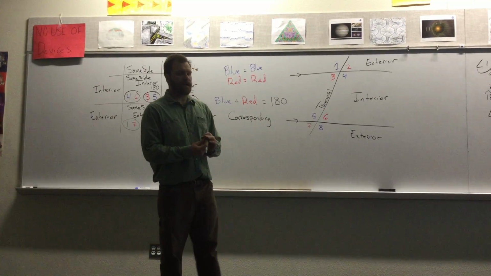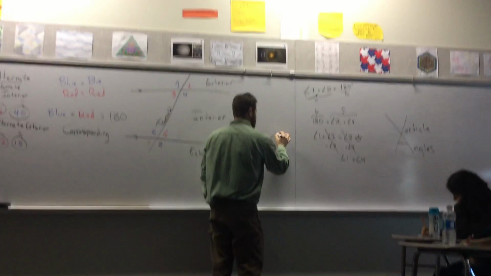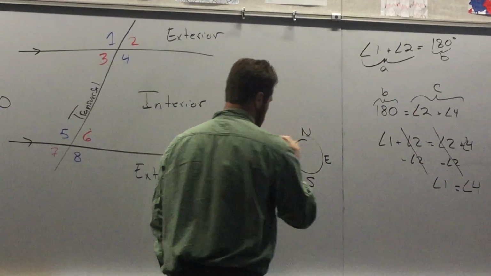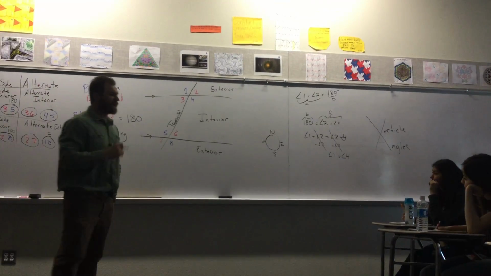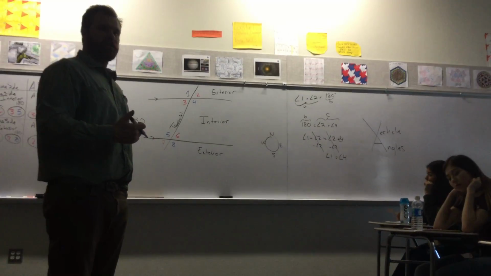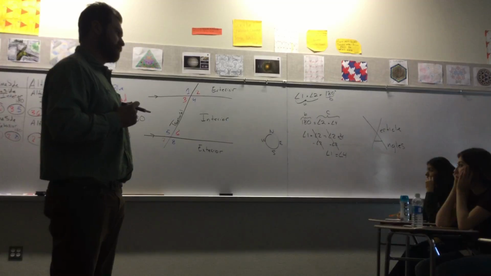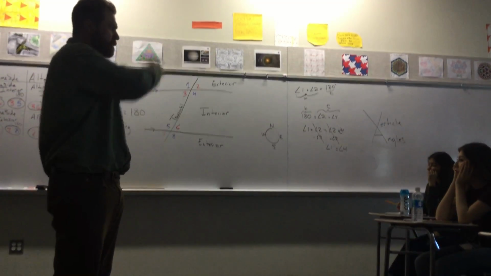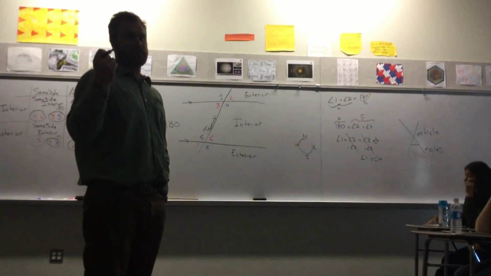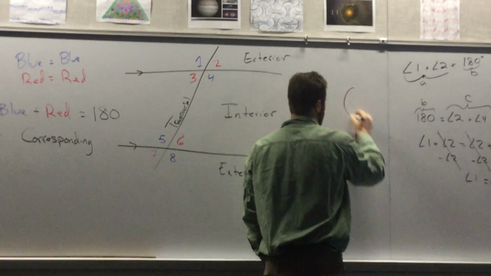If this is north, south, east, and west, can you think of another circle that has labels all around it? Clock. Okay, and what does east correspond to? 3. Right? That's what this word corresponding means.